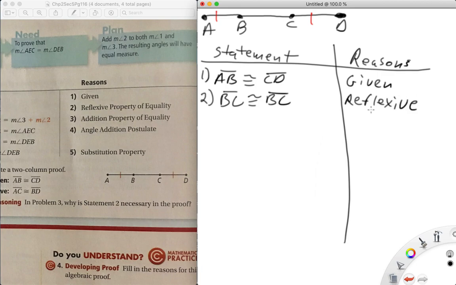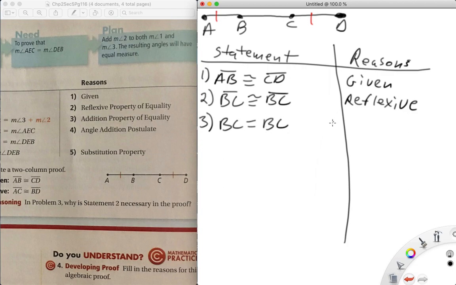Then we can say this. We can't add congruency statements. We can only add equality statements. So we're going to have to convert this from congruent to equality. So I can say BC is equal to BC.